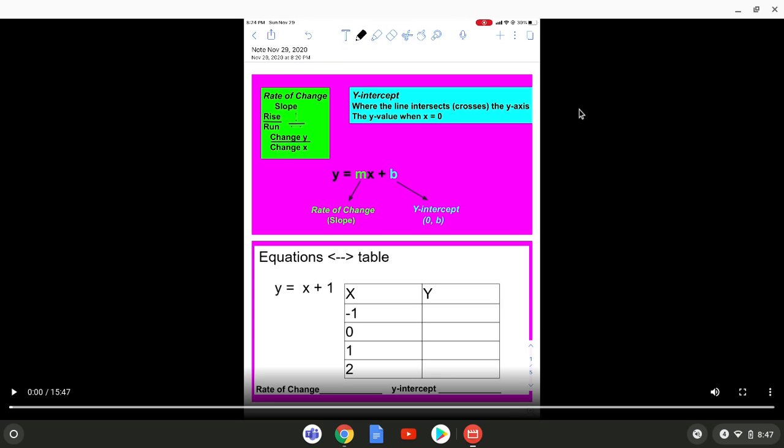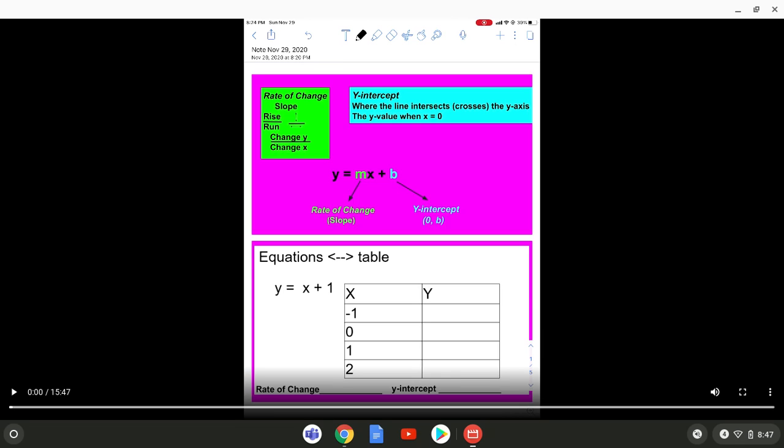So the m here is the rate of change that you find from a table. When you're finding the rate of change like we did last week, you would just plug that in the equation here. And the b comes from the y-intercept on a graph or in a table.